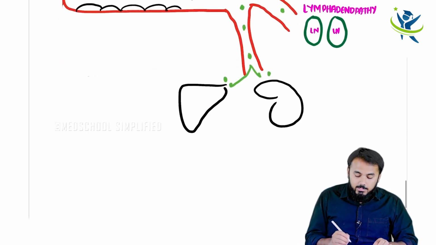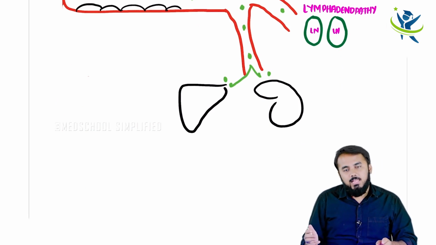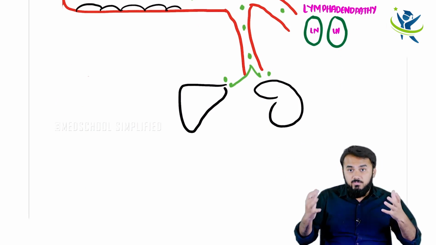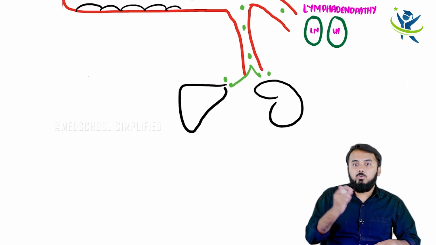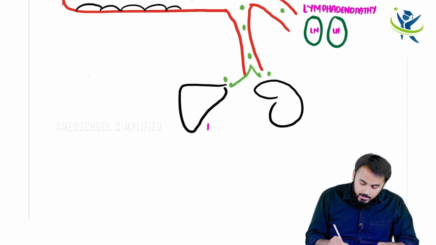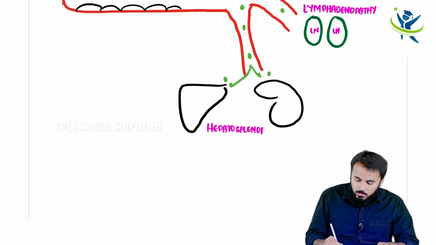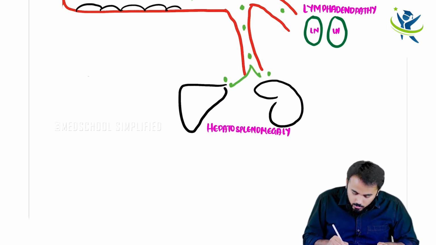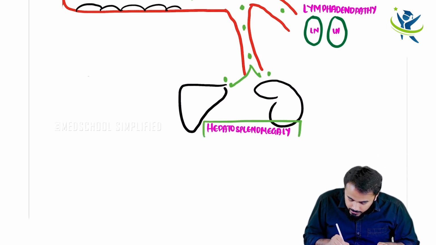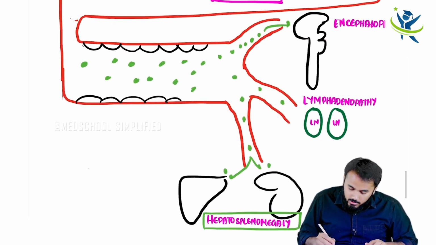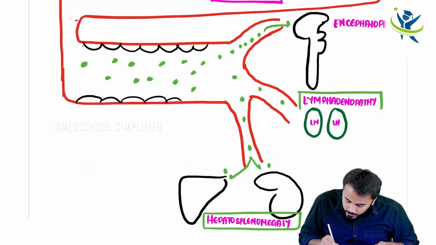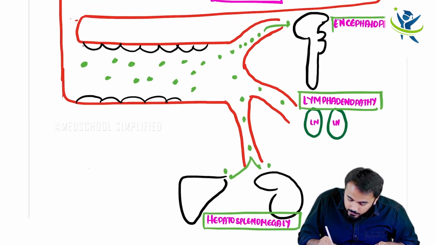If the bacteria enters your liver as well as spleen, both of them are going to be inflamed, and that will cause hepatosplenomegaly. On the other hand, you have lymphadenopathy, and finally you have encephalopathy.